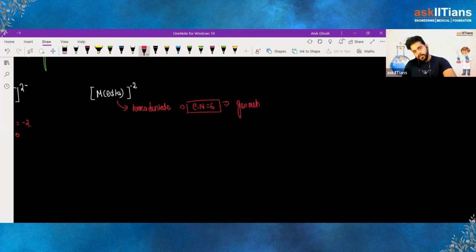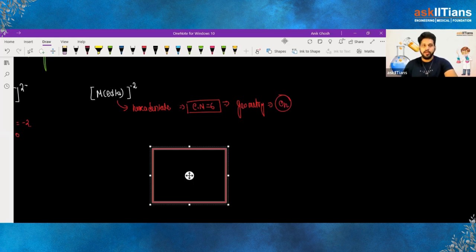The geometry is going to be octahedral. So let's draw an octahedral shape. Like the square, and then my metal inside 1, 2. I hope you haven't forgotten how to draw the octahedral shapes from coordination compound. From bonding, right?